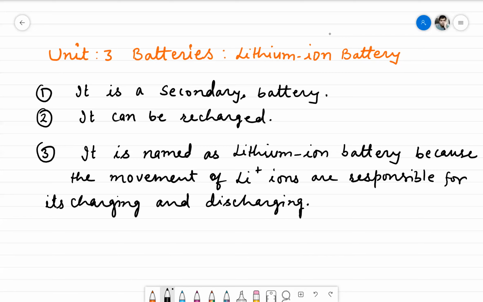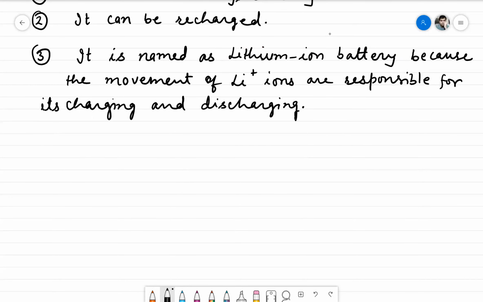So this lithium ion battery, now we will discuss the structure of lithium ion battery.